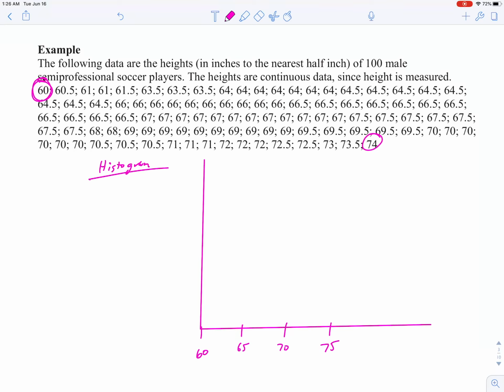So what we're going to do is quickly make a frequency distribution. So we're going to find all the values. What are these? These are heights, and the frequency for each group. So we'll follow the bars at the bottom here. We'll do 60, but we're not going to go up to 65.